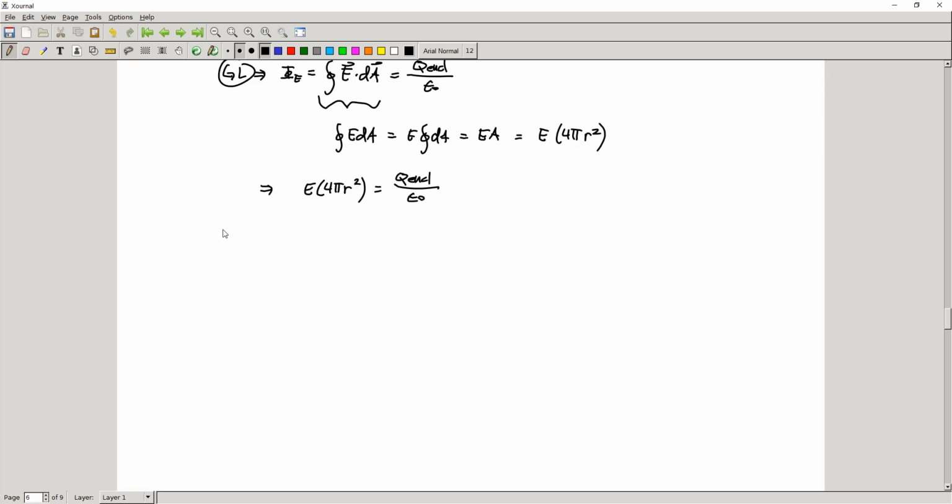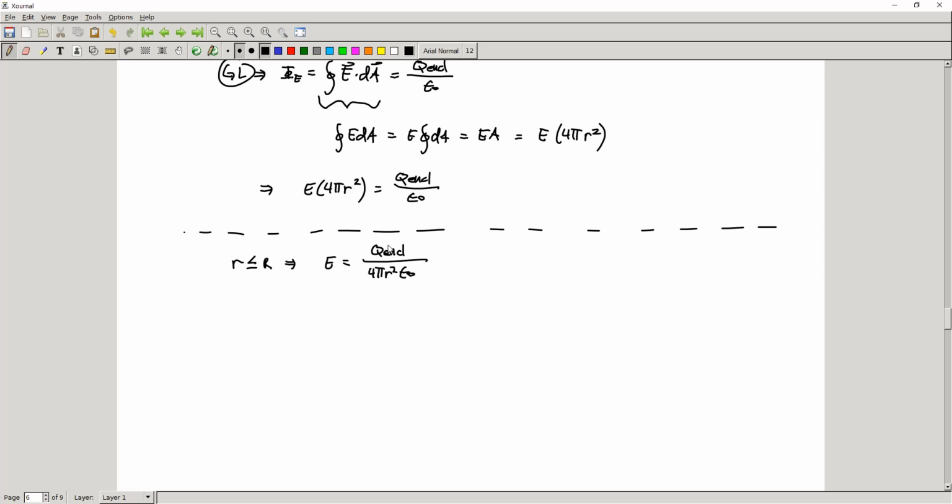We're going to find that for r less than or equal to big R, we have E equal to, and I'm just isolating E here by dividing through by 4 pi r squared. We're going to find E is equal to Q enclosed over 4 pi r squared epsilon naught.